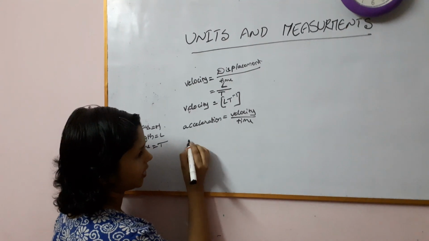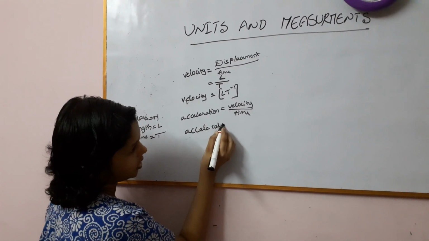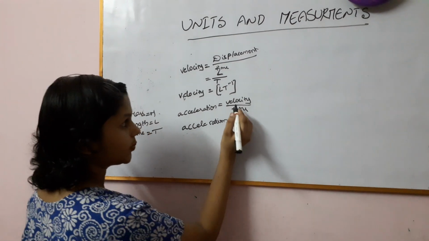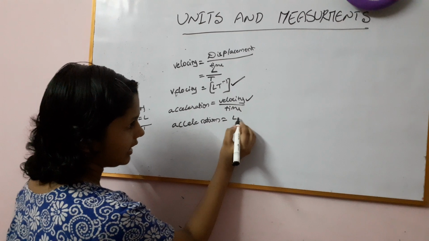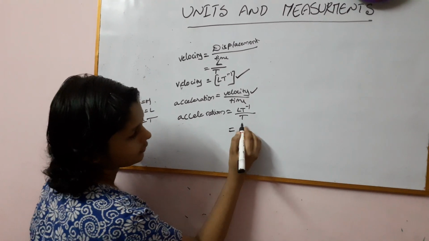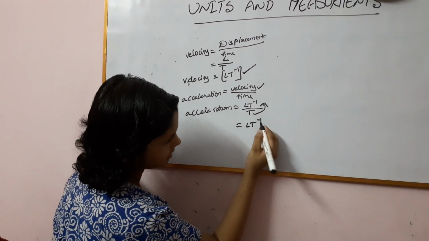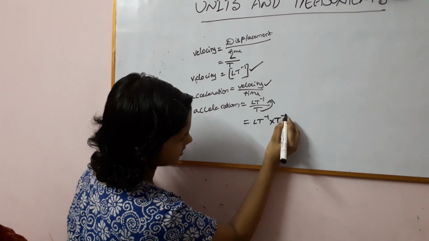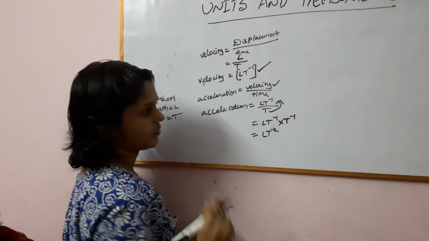Acceleration is velocity by time. What is velocity? Velocity we found here: LT power minus 1, by T. Then we write LT power minus 1 into T power minus 1. What is the answer? LT power minus 2. Understood?